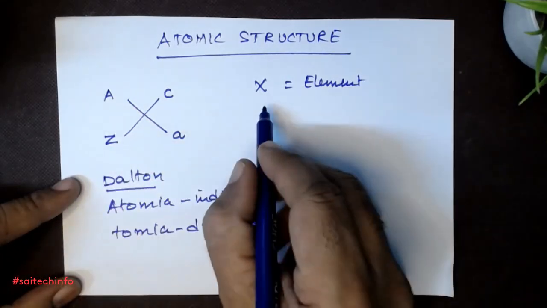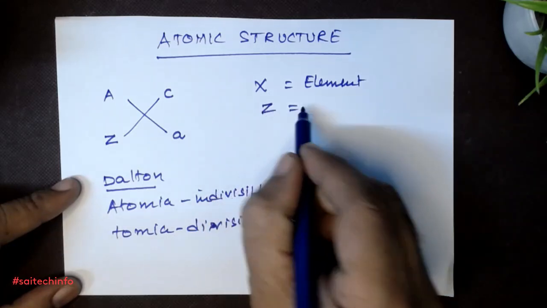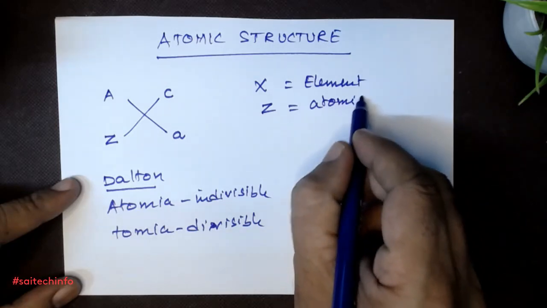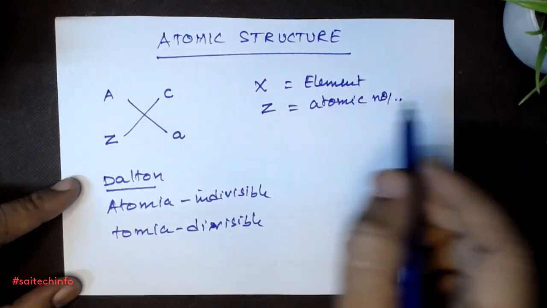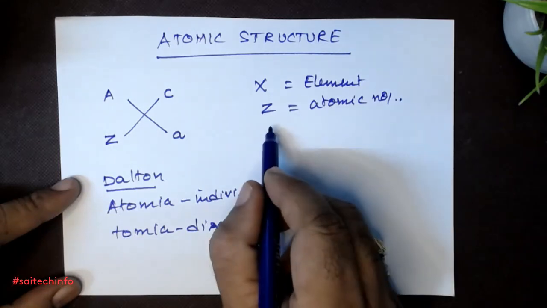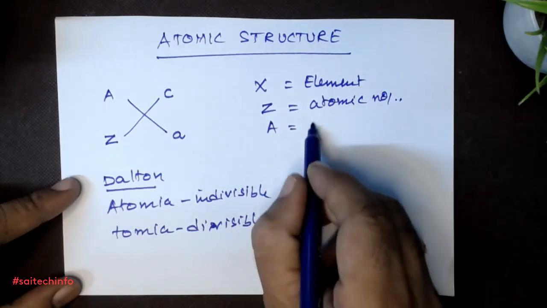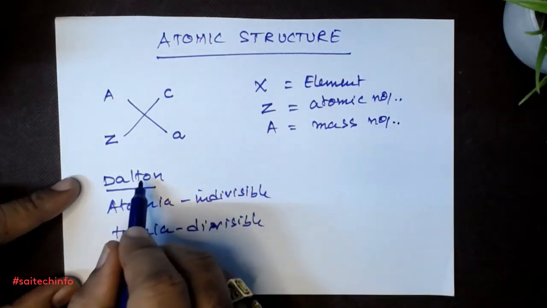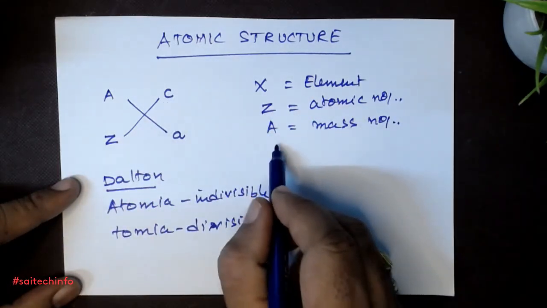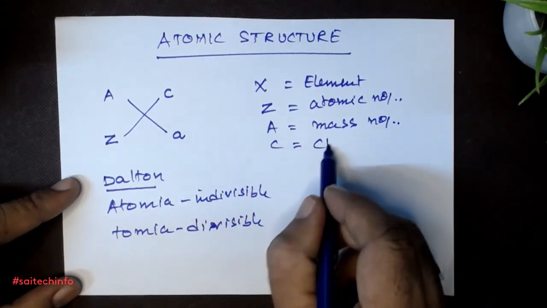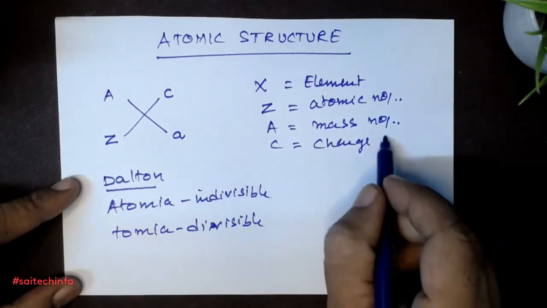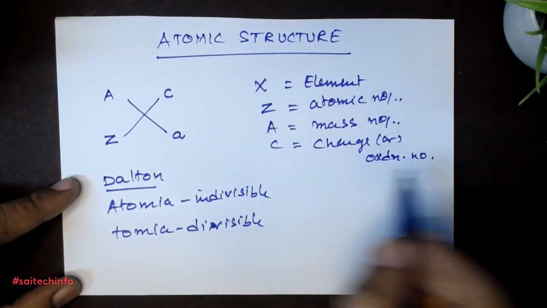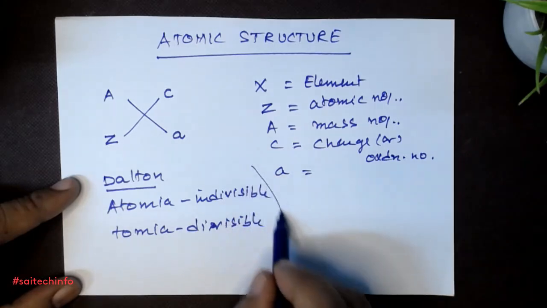At the left subscript you can have Z, that is called atomic number, and on the left superscript you have mass number. Then on the right superscript we have charge or the oxidation number. And A is the atomicity.